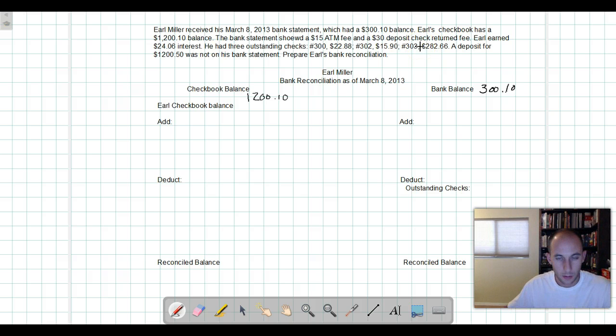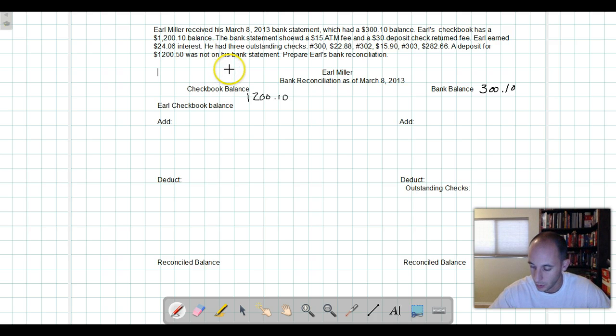Let's think slowly about what this might be. The bank statement has these fees, $15 and a $30 fee, that do not occur yet in our checkbook balance because we didn't realize we had them, or we just haven't recorded them yet. Whenever it says fee, it's reducing our balance.